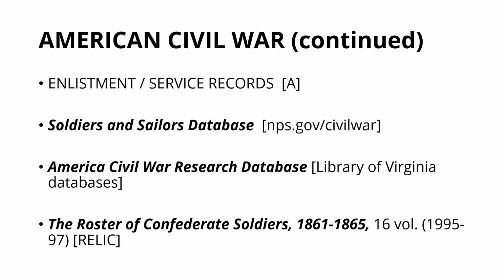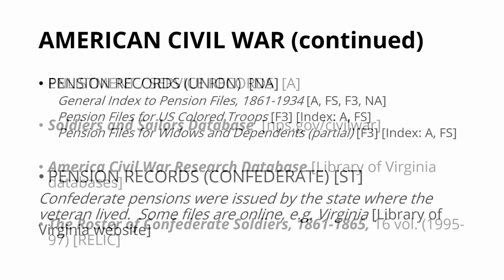The American Civil War Research Database adds enlistment, discharge, and other facts that can help identify the person you want, and links them to every action that their regiment was involved in. The roster of Confederate soldiers is a handy first step, but it only identifies the unit each man is in.